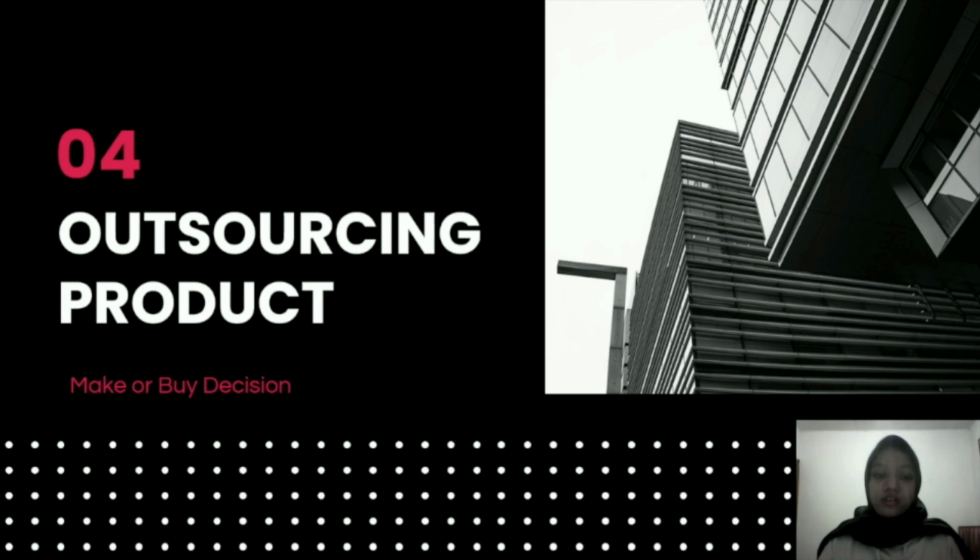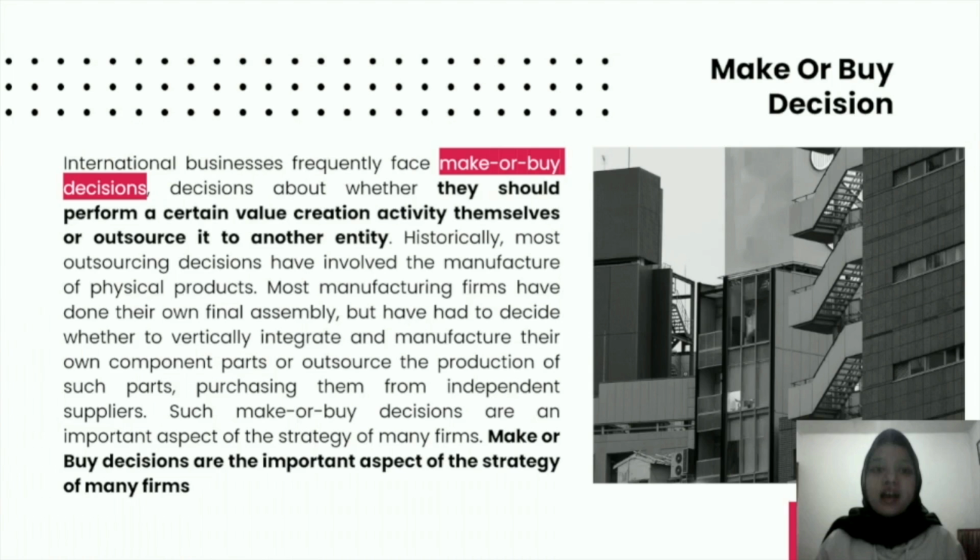And the next presentation is about outsourcing product, the make or buy decision. International businesses frequently face make or buy decisions about whether they should perform a certain value creation activity themselves or outsource it to another entity. Historically, most outsourcing decisions have involved the manufacture of physical products.